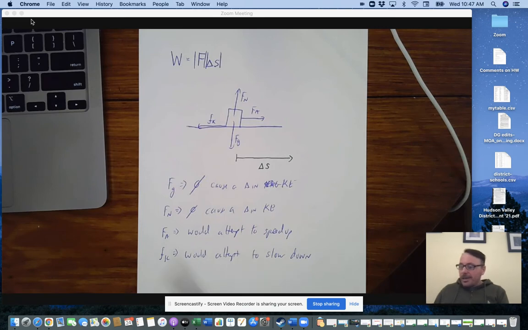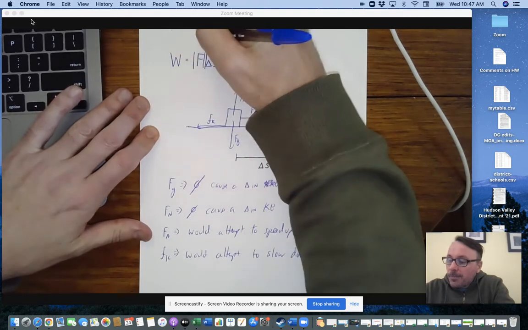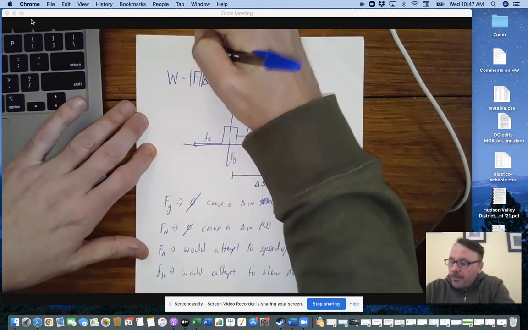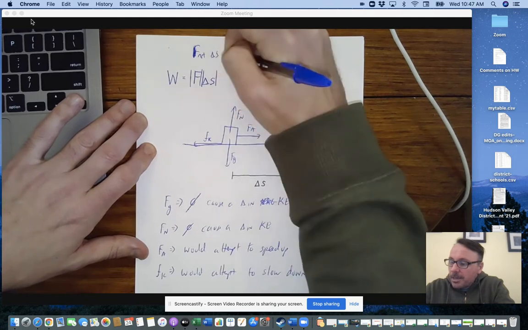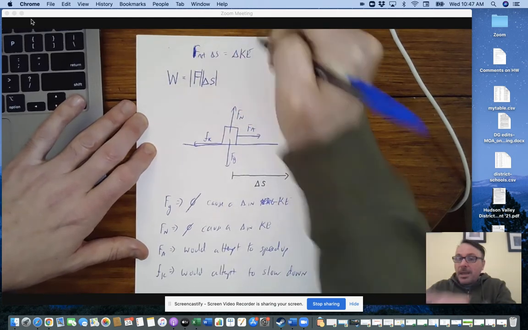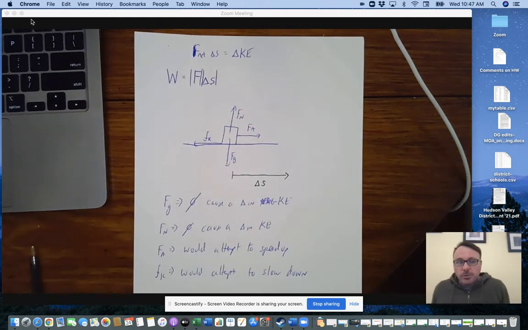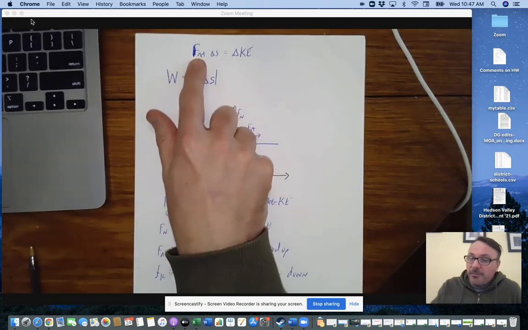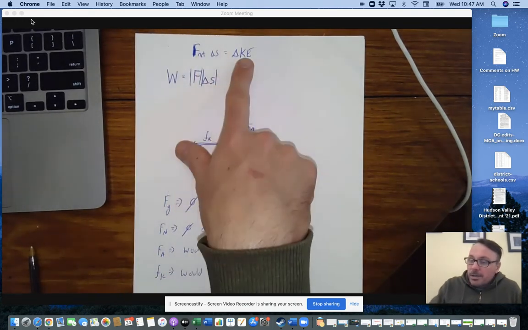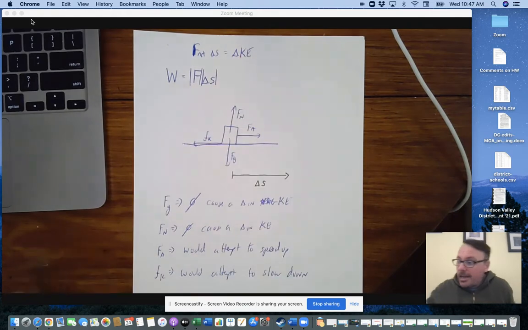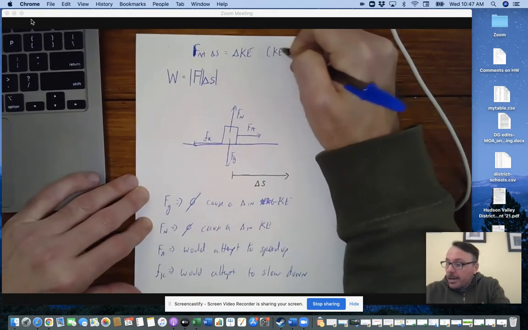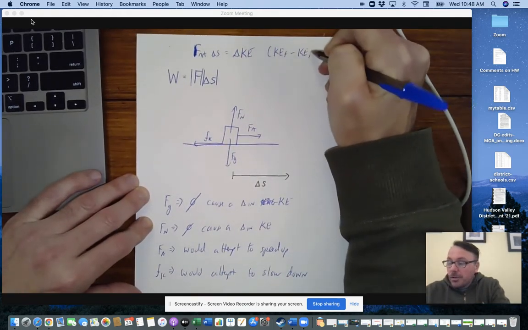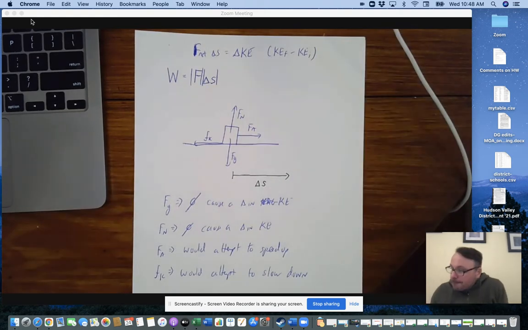So what we need to do is encode that here in our work equation. Because remember what we have so far: the net force times displacement is equal to the change in kinetic energy. And the mental project we're doing here is saying, if this were the only force acting, Fa, the applied force, it would cause a positive change in kinetic energy because the final kinetic energy would be bigger than the initial kinetic energy because it speeds up.